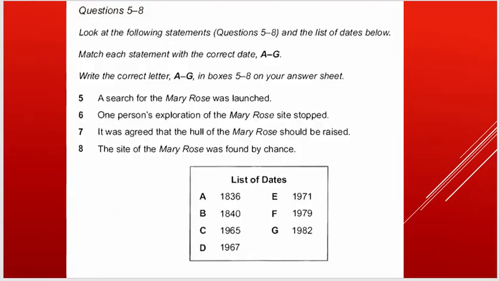So what's the answer for the 6th one, guys? It is B. You should not write the answer as 1840. You should correspond it to the alphabet, that is B. Now that we have found the answer for 2 blanks in the first passage itself, let's go to the subsequent paragraphs.